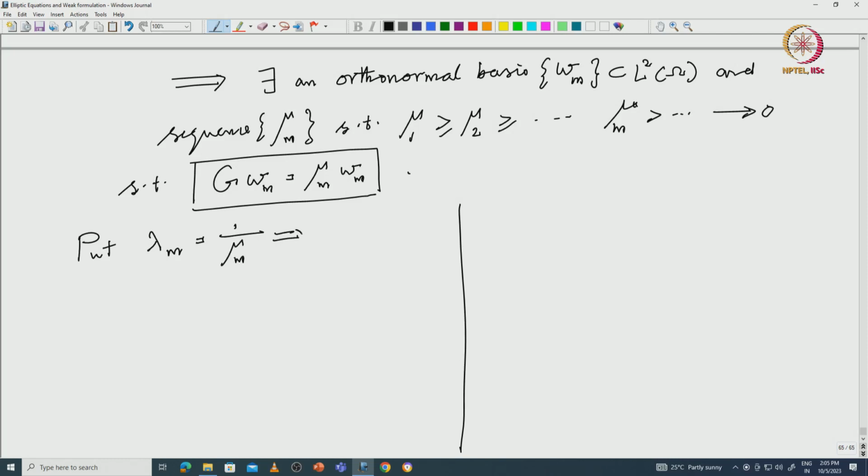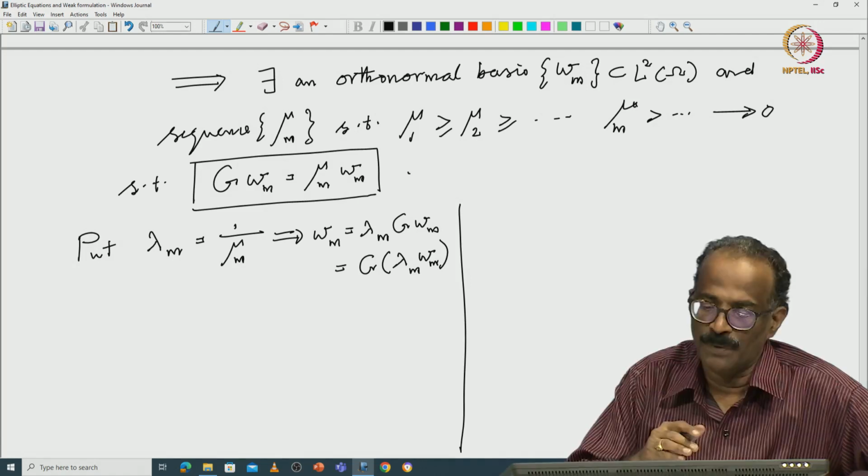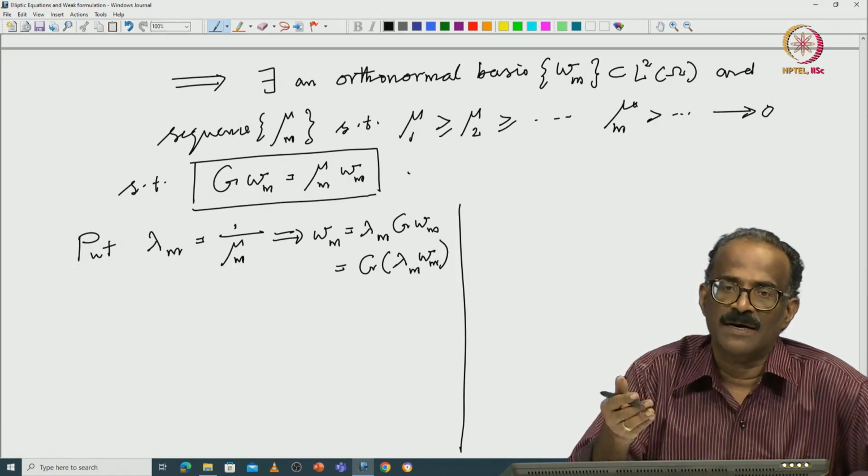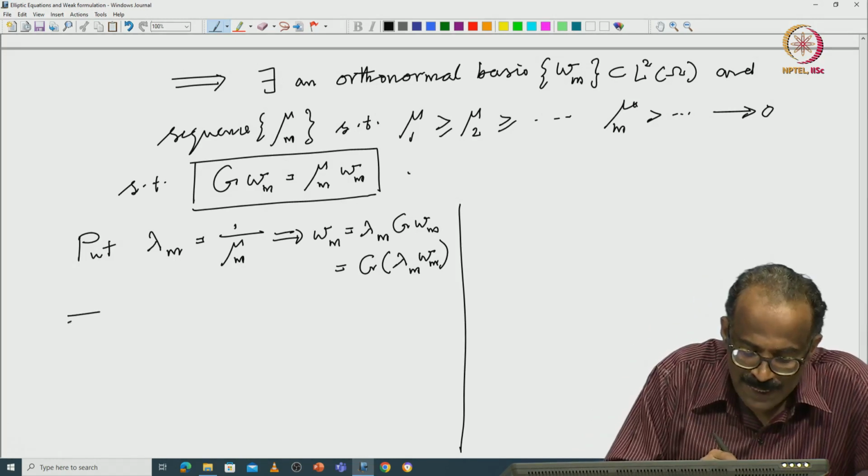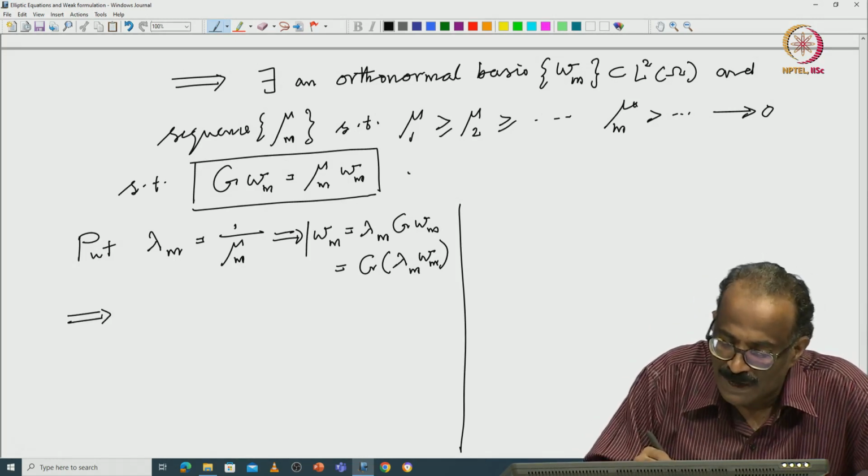That implies w_m equal to lambda_m G of w_m, and by linearity G of lambda_m w_m. By this, G of f is the solution to the problem corresponding to f.